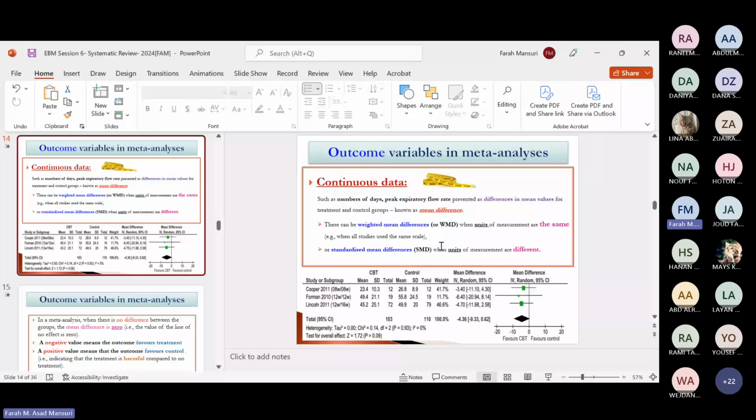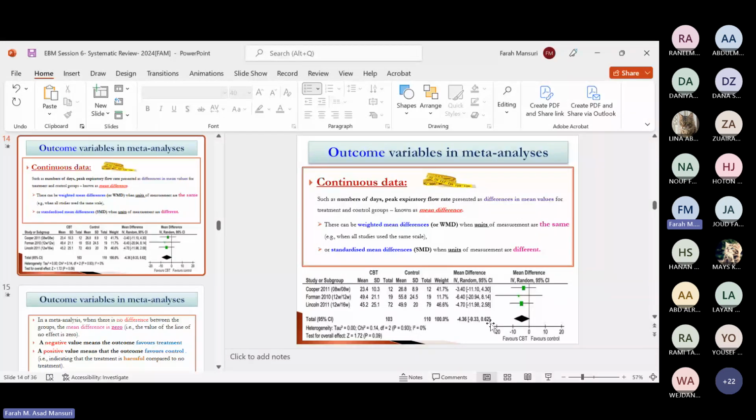Here it is seen as the treatment, cognitive behavioral therapy, compared with the control, in 3 different studies. You can see here that the results are given in the form of mean and standard deviation by these studies. So that is how we apply the meta-analysis for this mean difference.